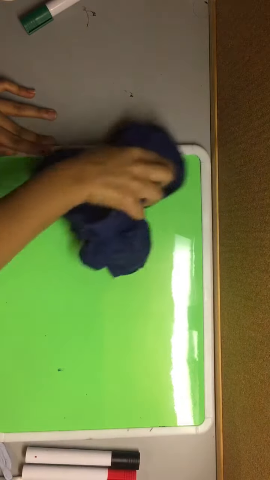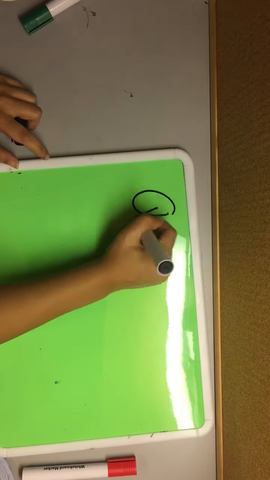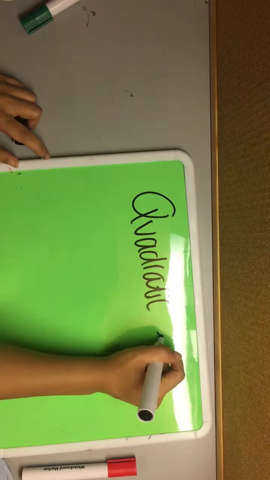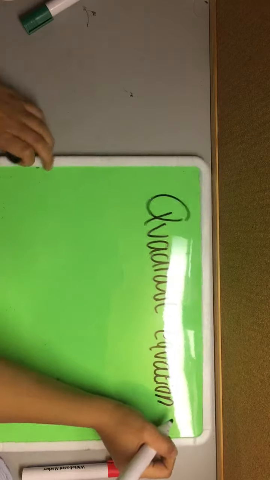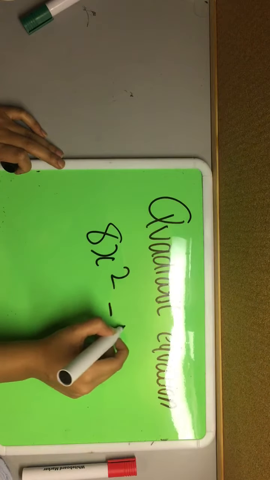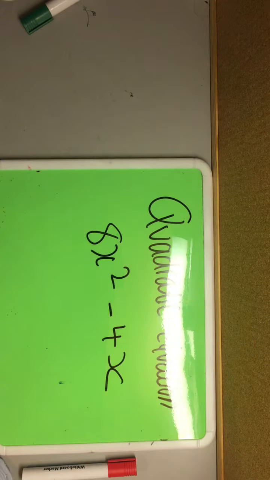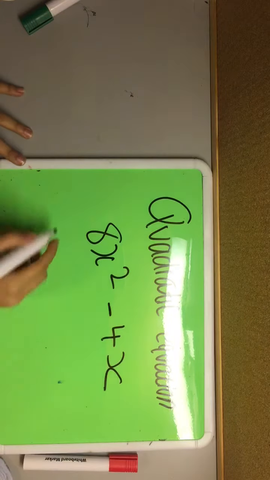Let's look at quadratic equations now. An example of a quadratic equation is 8x squared minus 4x. Again, the highest common factor still applies.